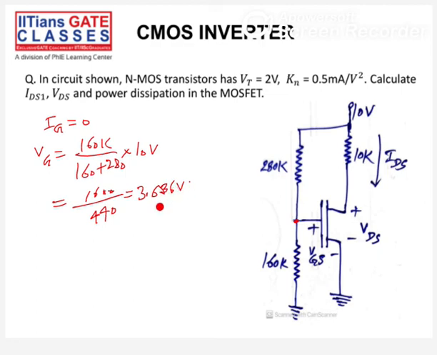So this is my VG. If S is 0, then VGS will be equal to, just 1 minute, 0.64. No, it is almost correct. Answer is 0.669 milliamps.